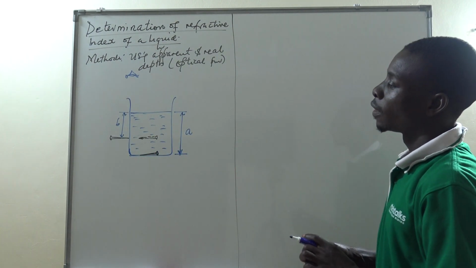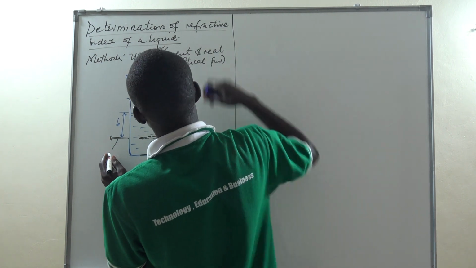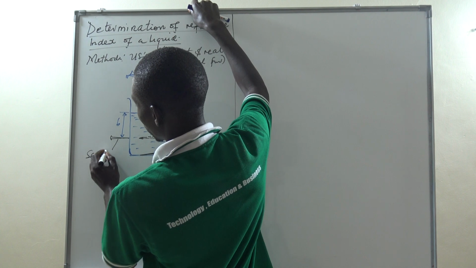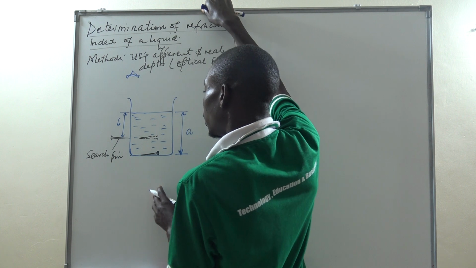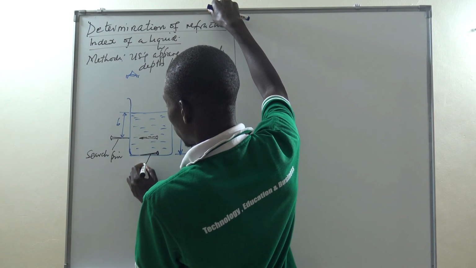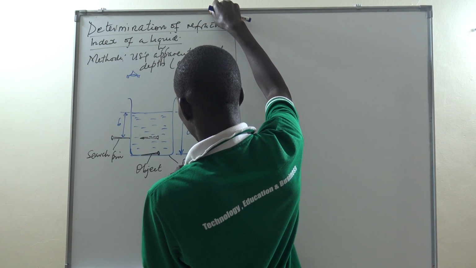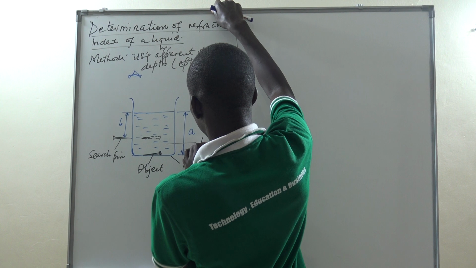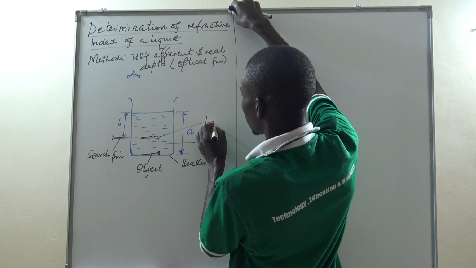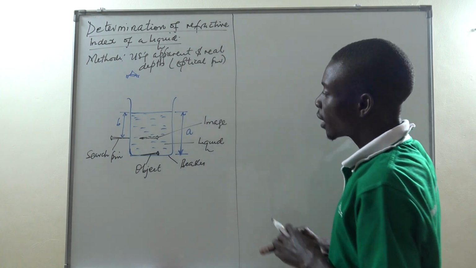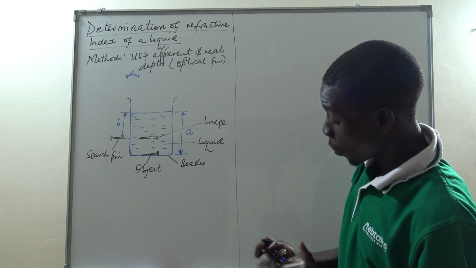So I would therefore say this one is a search pin. And then this is my object. And then this is my beaker. And then this is my liquid. And then this is the image. Yeah, that is our drawing, how it looks like.